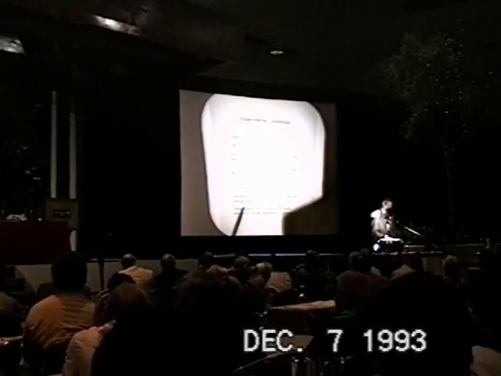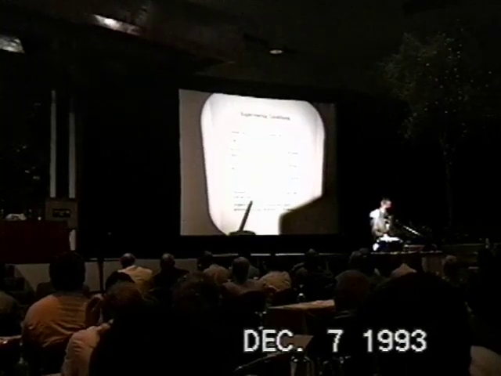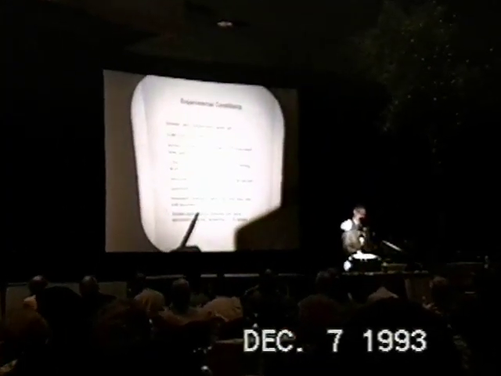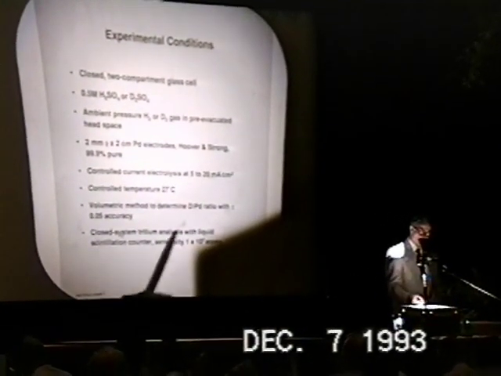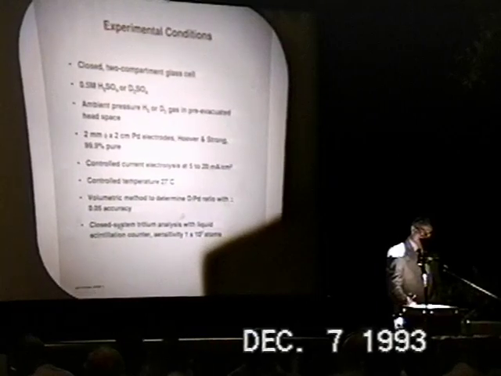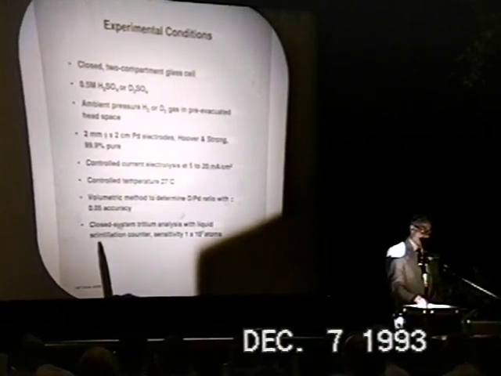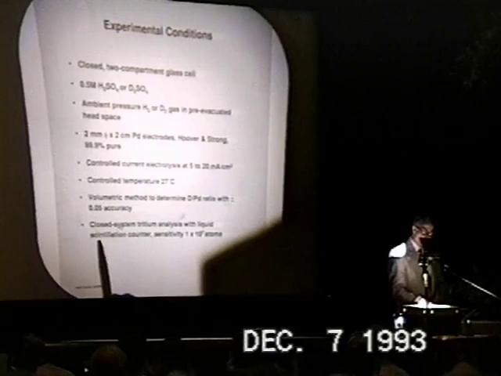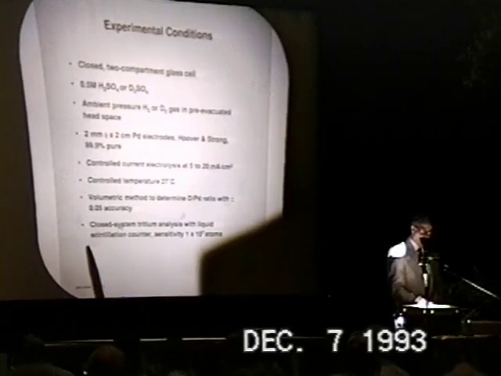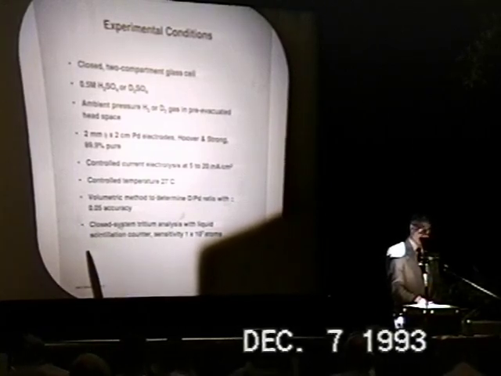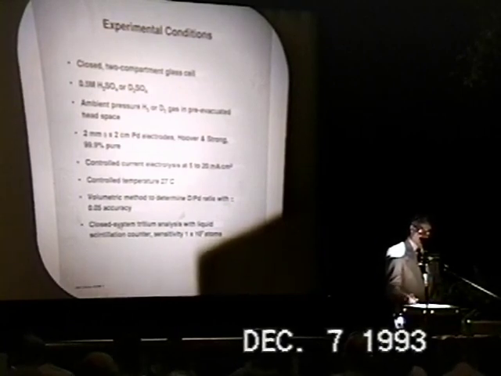That allows an accuracy in the determination of the utilization of deuterium to the extent of 0.05 in the loading ratio. As I mentioned earlier, we used a closed system, a closed system tritium analysis system using a Beckman 5000 liquid scintillation counter with a sensitivity amounting to 1 × 10⁷ tritium atoms.